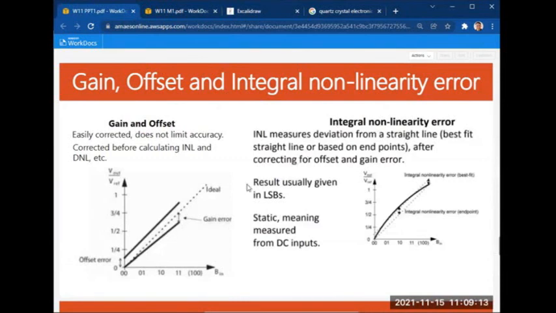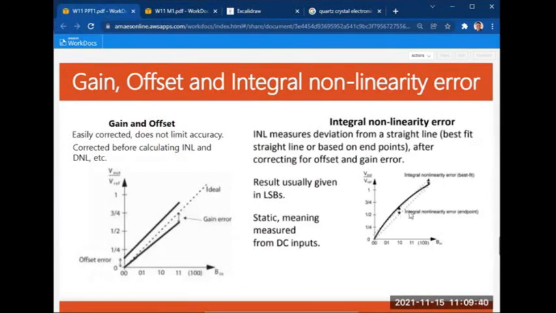INL, or integral non-linearity error, measures deviation from a straight line. Okay. So best fit straight line or based on endpoints after correcting for offset and gain error. For example, this is the actual signal. So this is the gain at first.